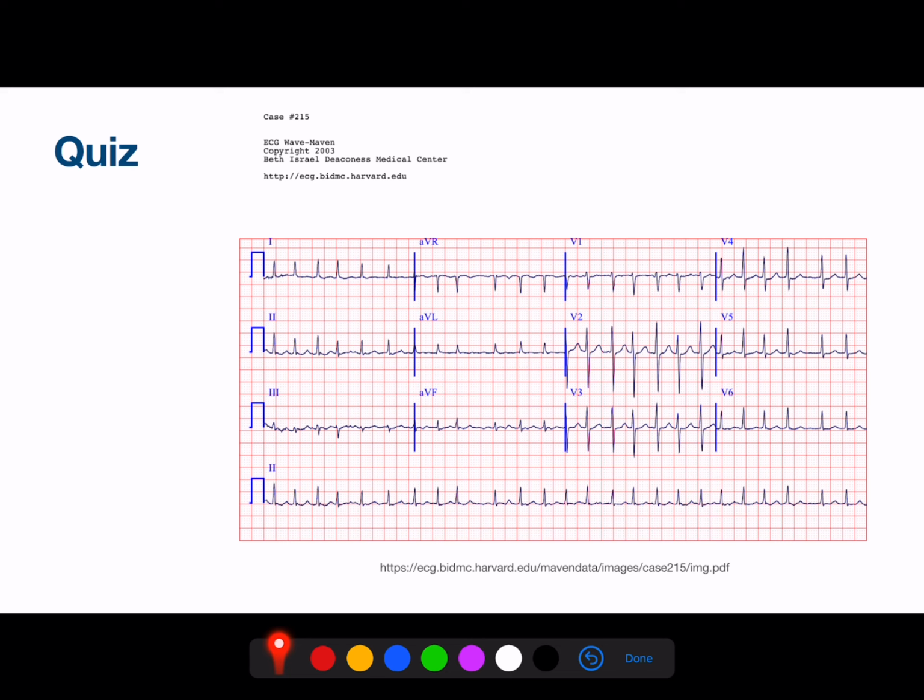Here it's just irregular. I'm not sure if you can say regular irregularities in the clinic. I wouldn't advise you to do it, but for now you can think of it as such. So here it's just irregular. We don't see P waves. The QRS complexes are still narrow. So this is atrial fibrillation.